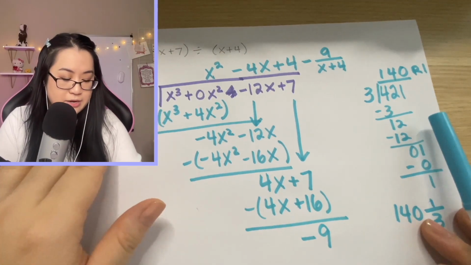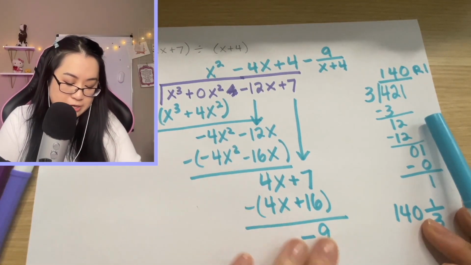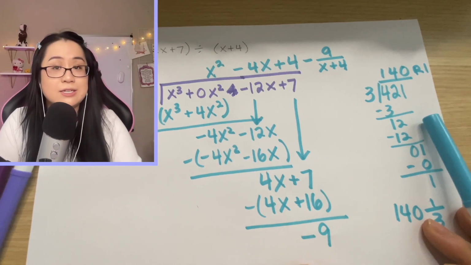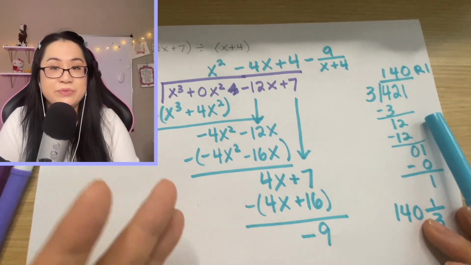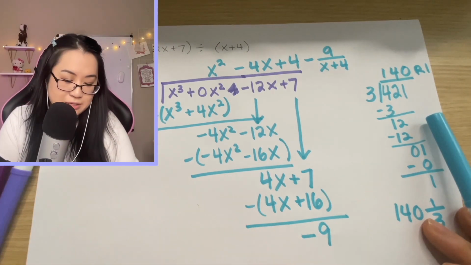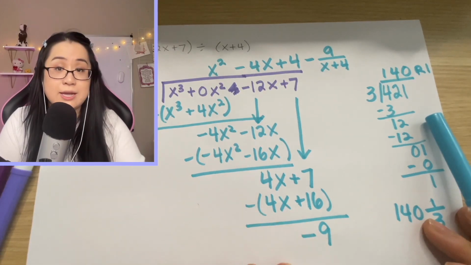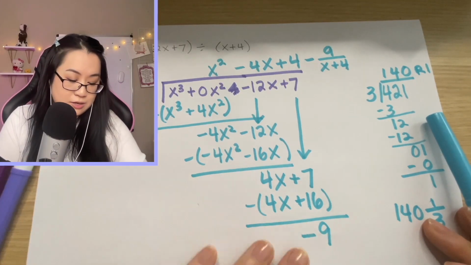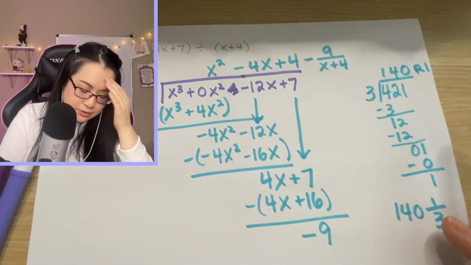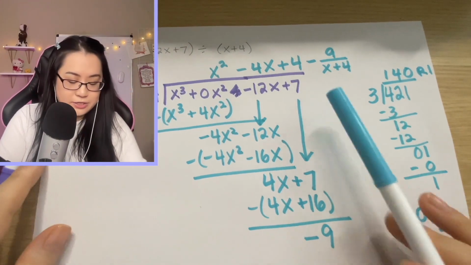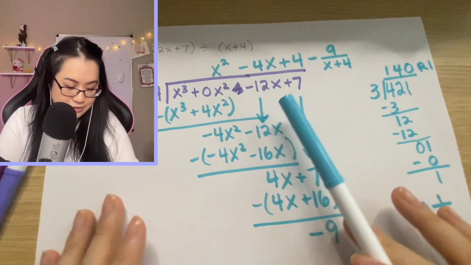So if you had an x cubed plus 0x squared plus whatever, the remainder should have less than a power of 3, but your remainder might be x plus 4 or something like that. Because then when you're comparing the x cubed with the x, you can't go in a whole number of times anymore. So you just stop there and you write x plus 4 over x cubed plus whatever else.